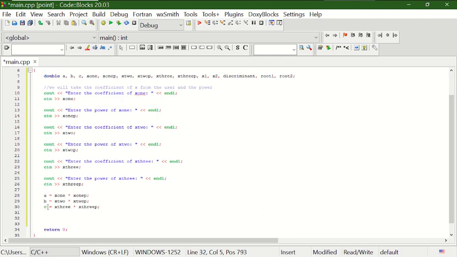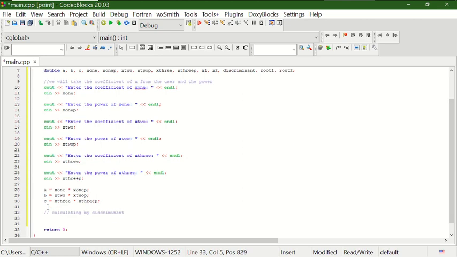So let me state my discriminant. I'm going to write in quotes, as a comment, here I'm calculating my discriminant. So I'm going to say discriminant double. My discriminant is equal to what?